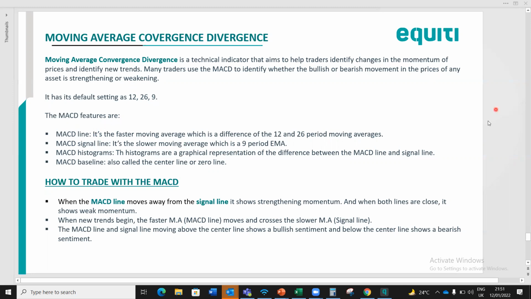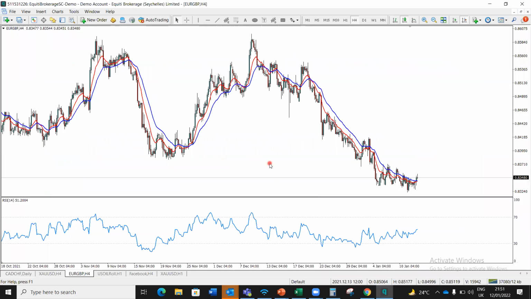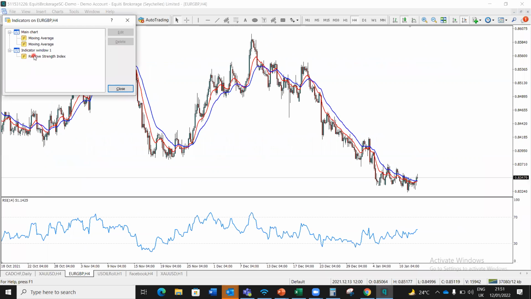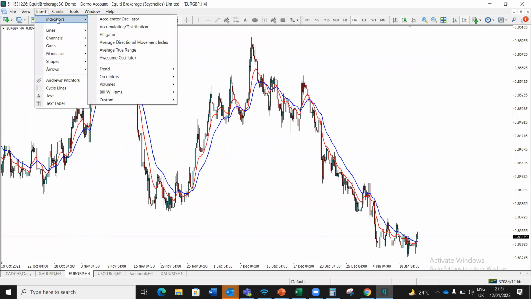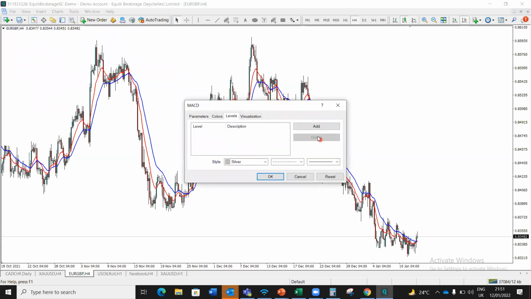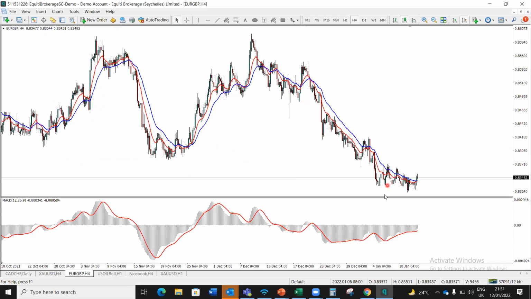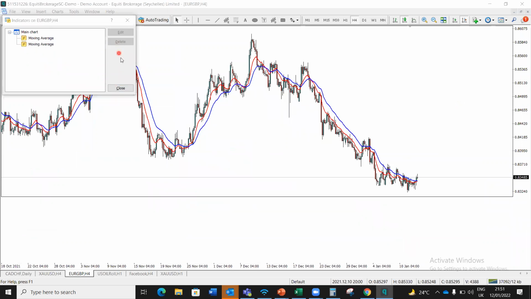Let me quickly show us the MACD. We follow the same process to put on the MACD: insert indicators. The MACD is an oscillator. But this wouldn't buttress what I'm about to explain, so I have to use the other MACD.